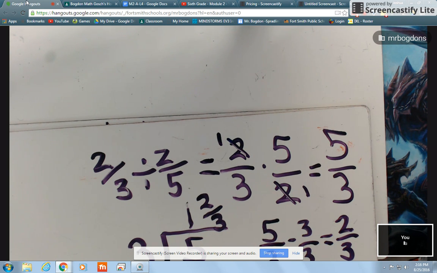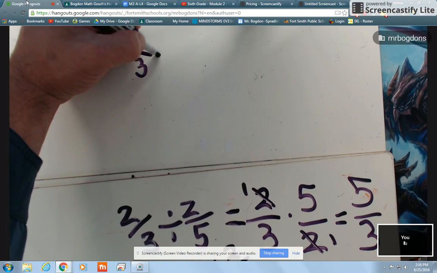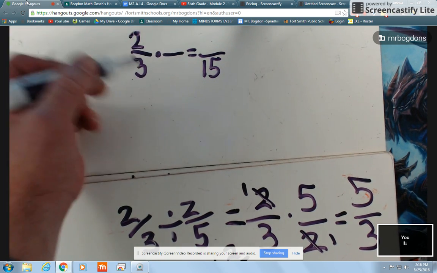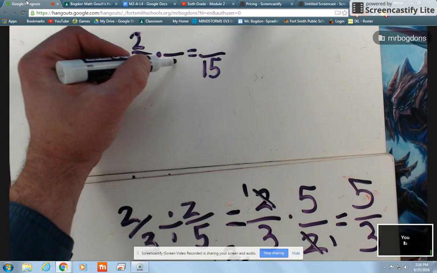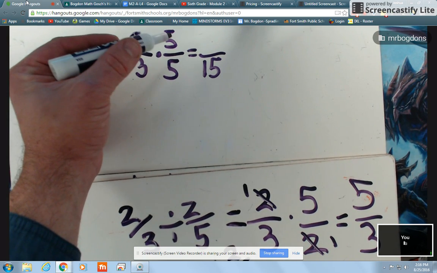Okay. What are some multiples of 5? 15. Okay, I heard 15 twice. So here if I have 2/3, what can I multiply by 2/3 to get 15 for the denominator? 5 what? 5/5. What's the product of 2 times 5?